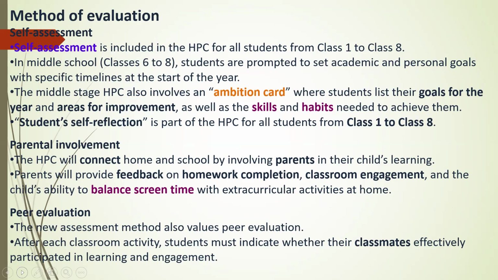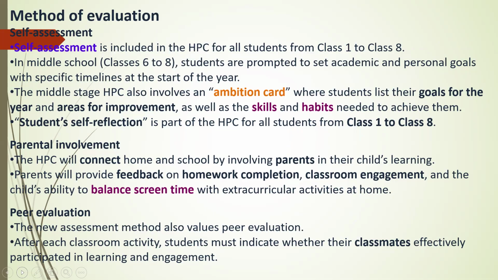Self-assessment is included in the holistic progress card for all students from classes 1 to 8. In middle school, classes 6 to 8, students are prompted to set academic and personal goals with specific timelines at the start of the year.